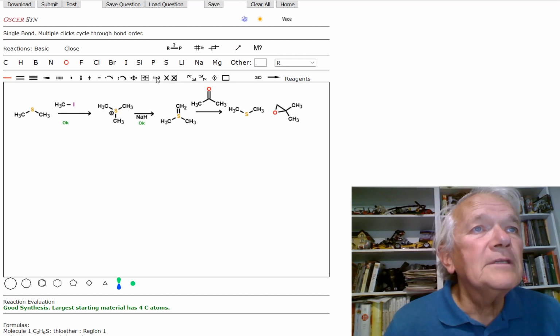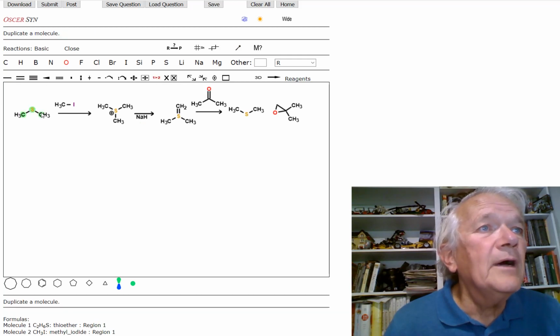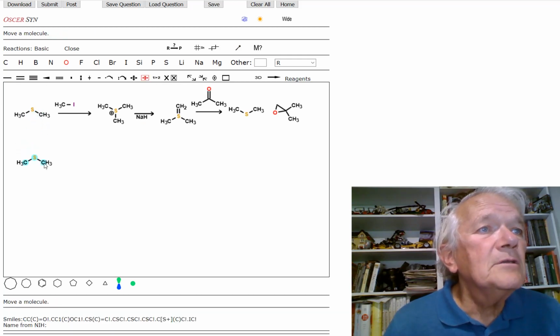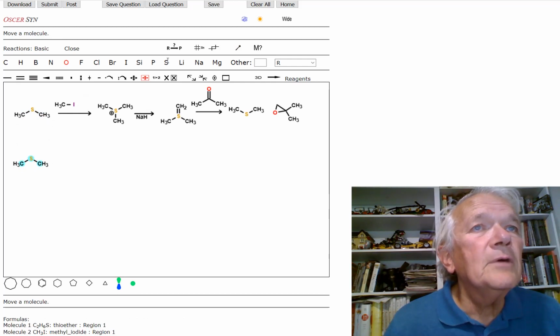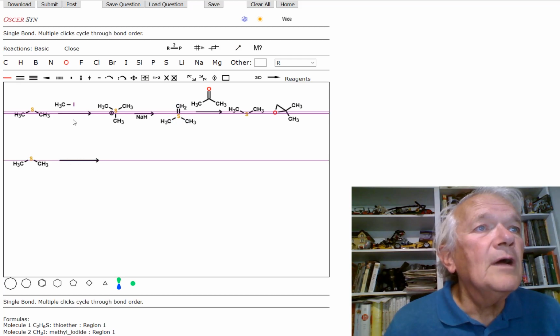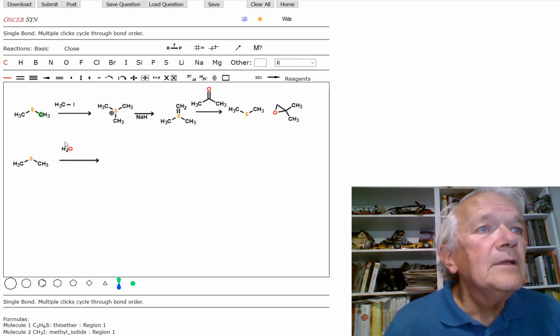Now you can form what we call stabilized ylides as well. Let me just duplicate down here, and we're going to alkylate with something a little more complex. We'll draw out acetic acid here and make the ethyl ester.